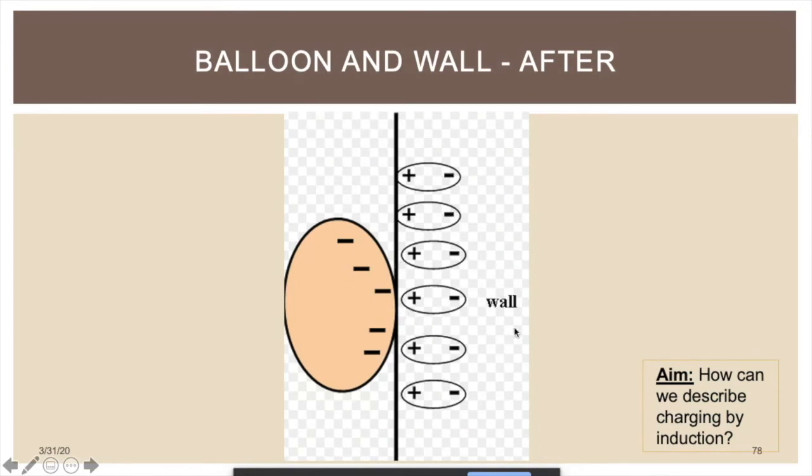And I didn't make this point before, but now we can say the reason why they attract is because now you have only positive charges from the protons that can't move in the wall next to the negative charges in the balloon. And so opposites attract, and the balloon is able to stick to the wall.